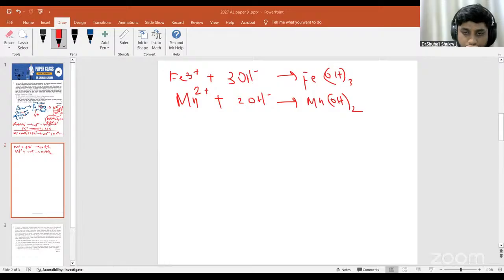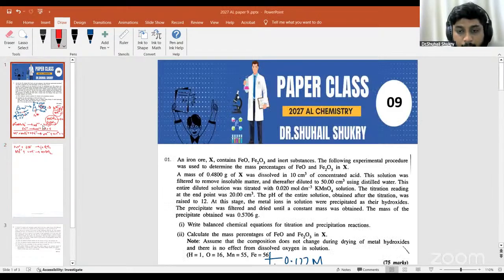And in this question, what they have asked: calculate the mass percentage of FeO and Fe2O3 in X. And they have told us to assume that the composition does not change during drying of metal hydroxides, and that there is no effect from dissolved oxygen in the solution. They have asked to assume. Okay, right.